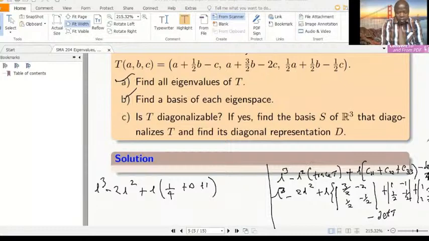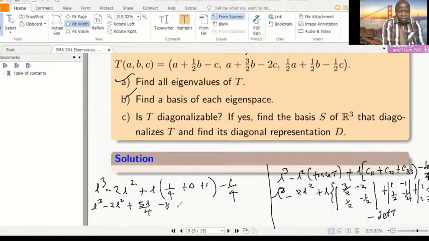And then you know how to get the determinant of the entire matrix T, which will be negative a quarter. If we simplify, what we get here is lambda cubed minus 2 lambda squared plus 5 over 4 lambda, then minus a quarter.